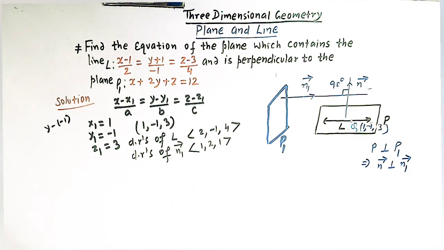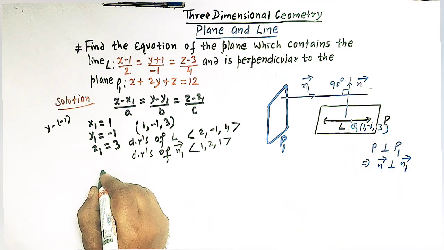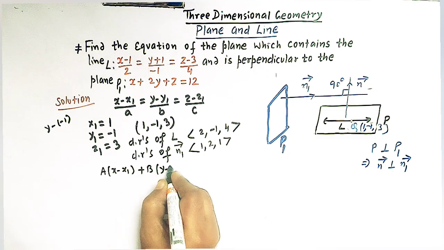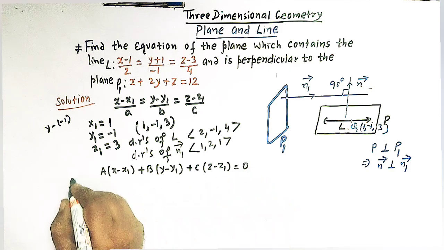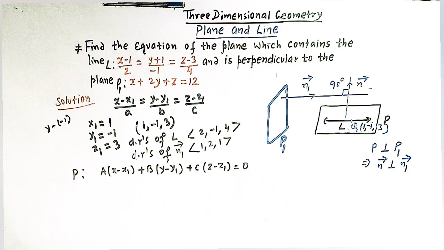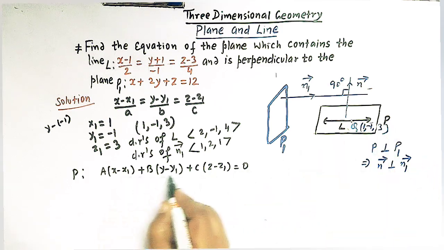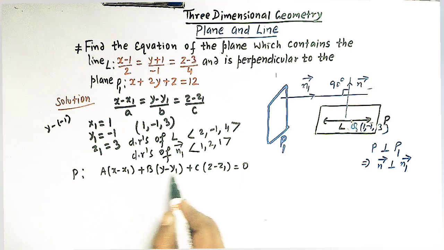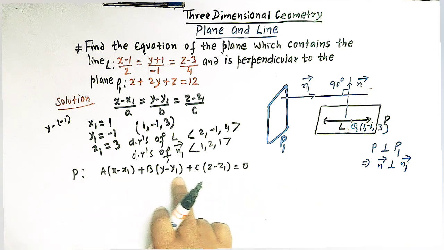Now let us assume the equation of the plane P as a(x minus x1) plus b(y minus y1) plus c(z minus z1) equals 0. The equation of any plane which passes through a point (x1, y1, z1) and has direction ratios of the normal as a, b and c is given by this equation.